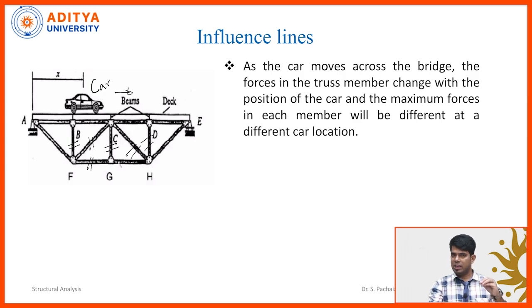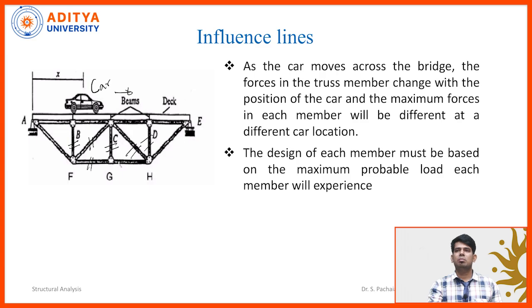The same member is going to be subjected to the very minimum force, and at the same time it is going to be subjected to the very maximum forces also, depending upon the location of the car. This case is not at all possible in conventional buildings. Then the design of each member must be based on the maximum probable load each member will experience.